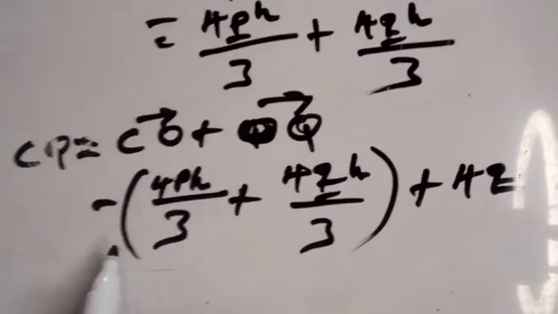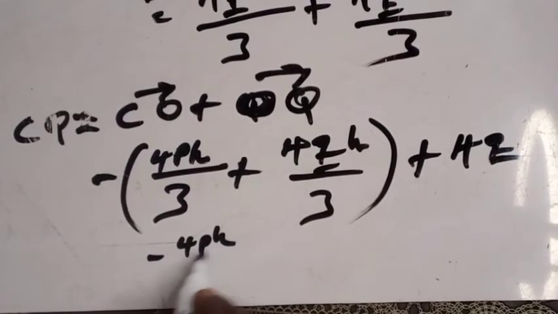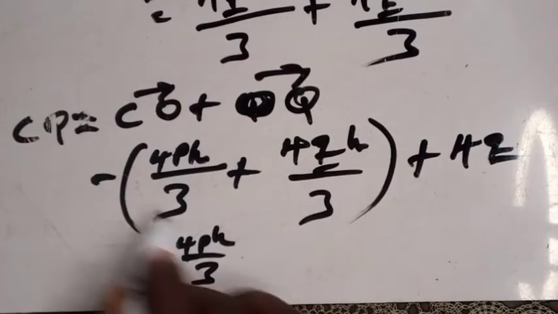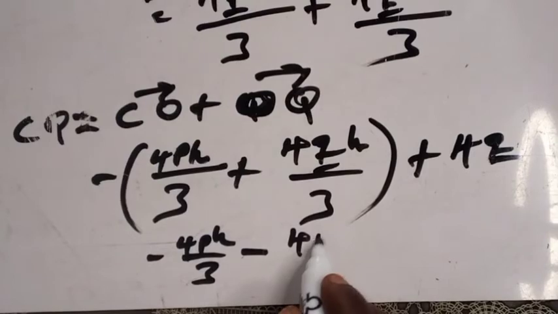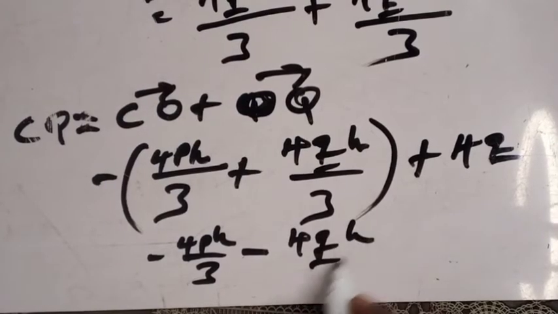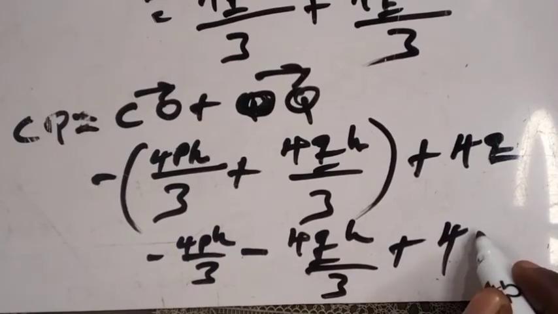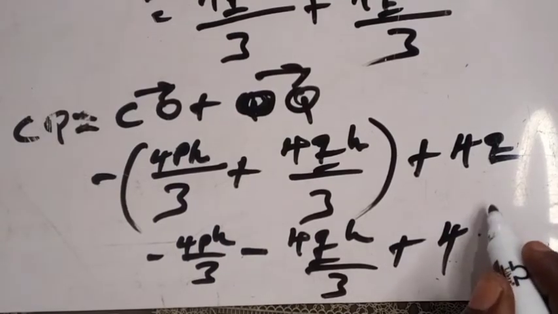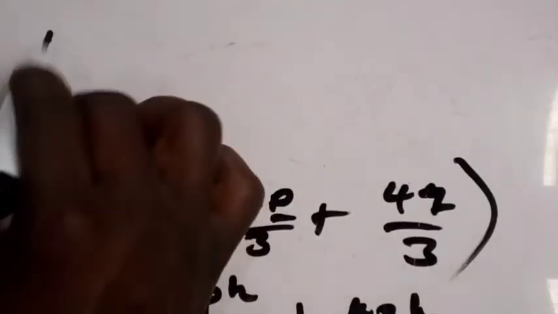When we multiply the negative, it will be negative 4ph over 3, negative times positive is negative 4qh over 3, plus 4q. We are going to start with the 4q.